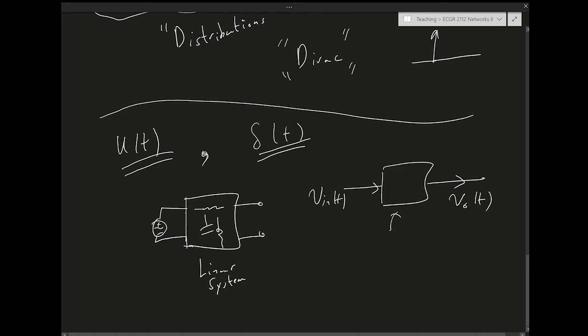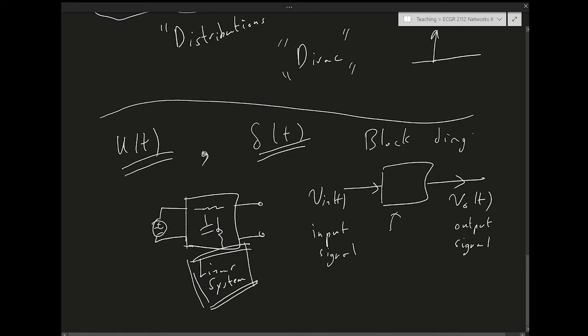So we can imagine linear systems as things that take input signals and transform them to output signals. This is called the block diagram view. And if you've ever used Simulink, for example, or you might use Simulink in the future, you'll see this used a lot.